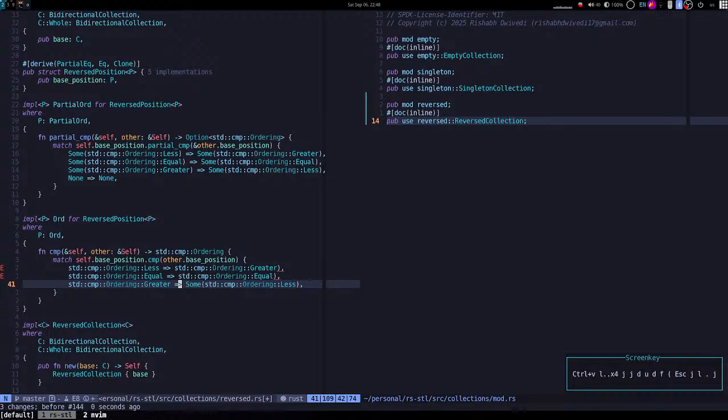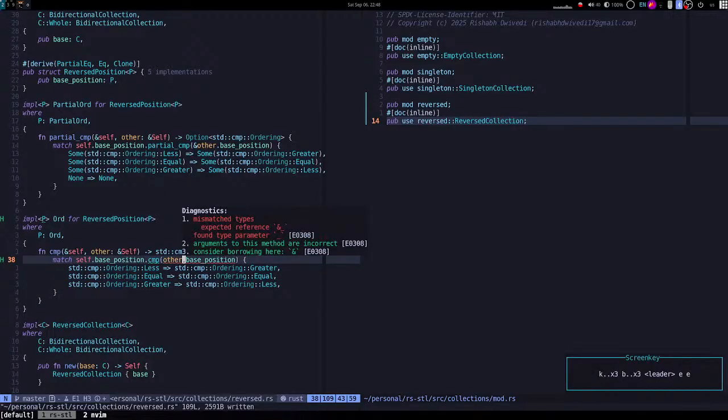Derive this, this, and okay, other.base_position, and this is the reversed position, right? So now we have reversed position.